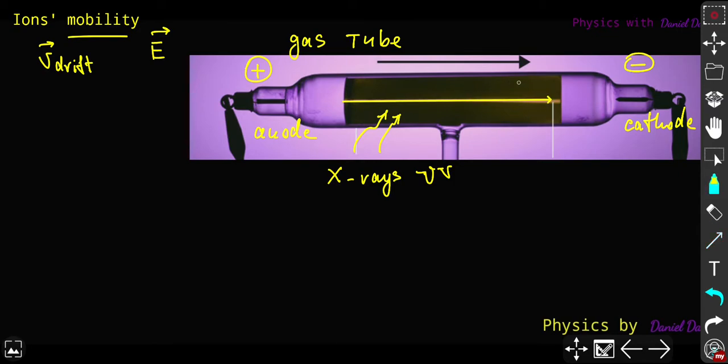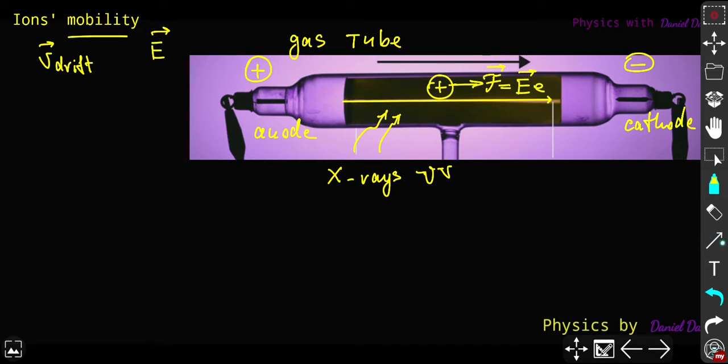So we mark it E, and we just consider a random ion. Let it be a positive ion. For some reason, I just don't want to deal with negative particles. Obviously, it will experience a force. So that's going to be the force due to the electric field E, which can be written through electric field strength and the charge.